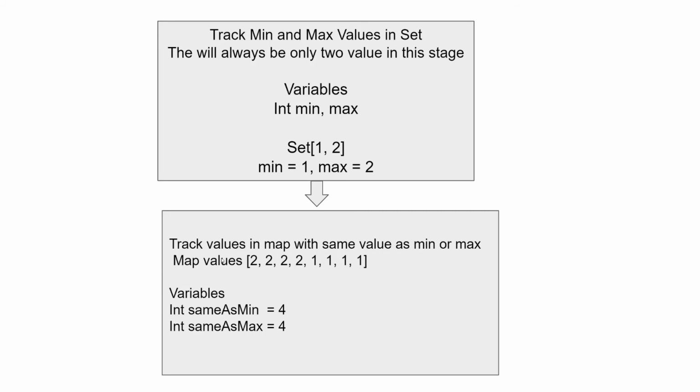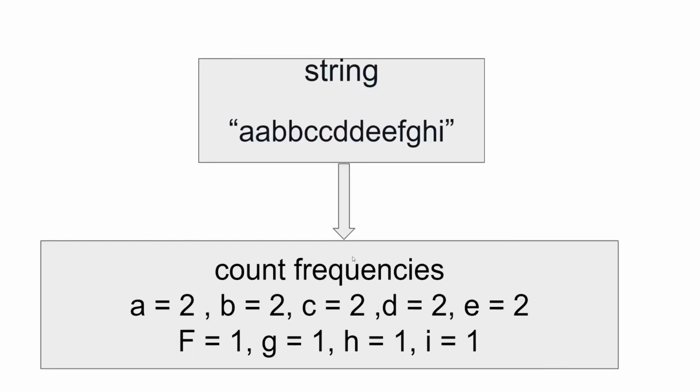Now we need to track the values within our mapped values, which have the same values as the min or the max. All right, so our map of values is going to be 2, 2, 2, 2, 1, 1, 1, 1, and it's just going to match the same values here, which is 2, 2, 2, 2. Did I miss 1? I think I missed 1, but it doesn't really matter. The rest is 1, 1, 1, 1.